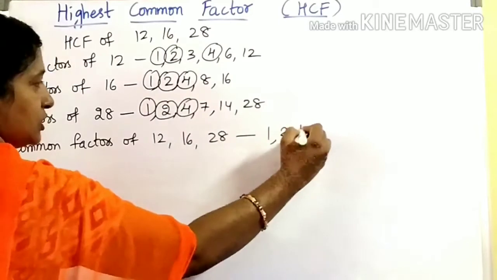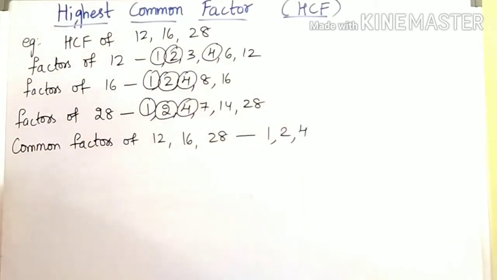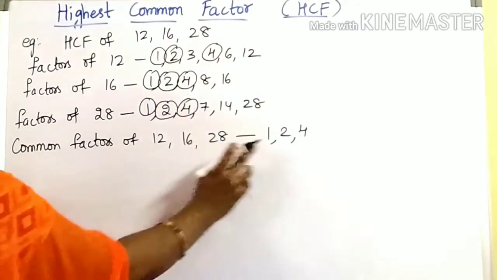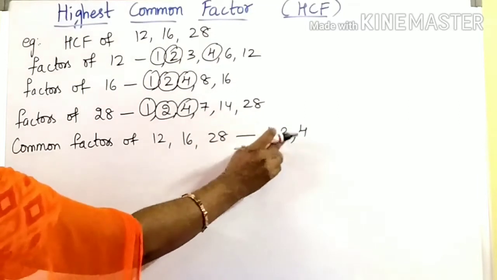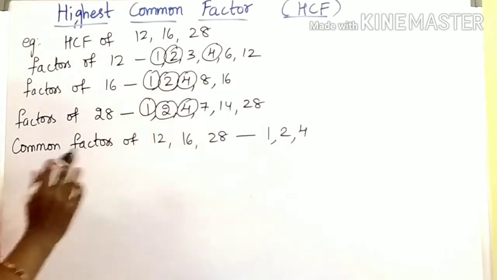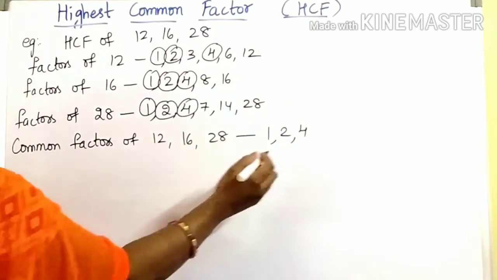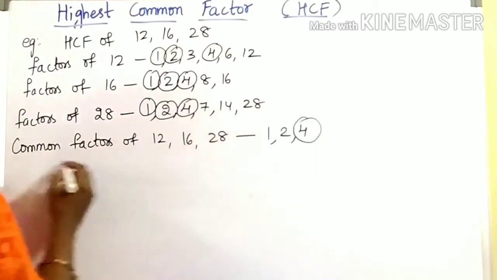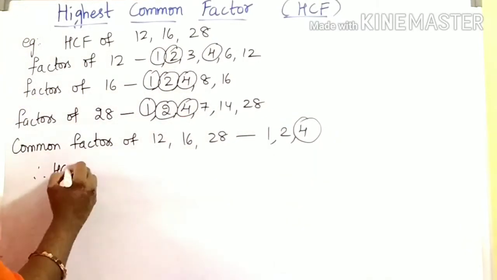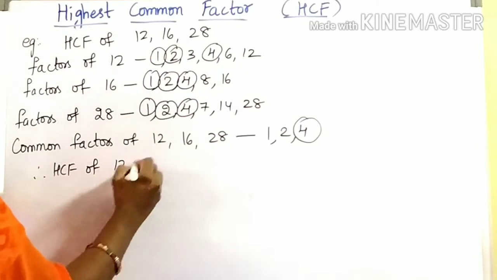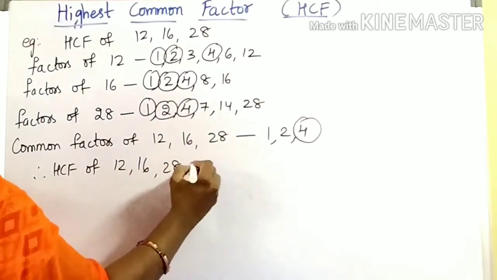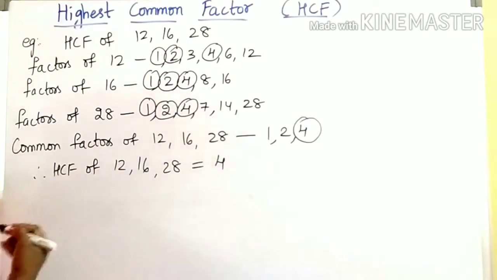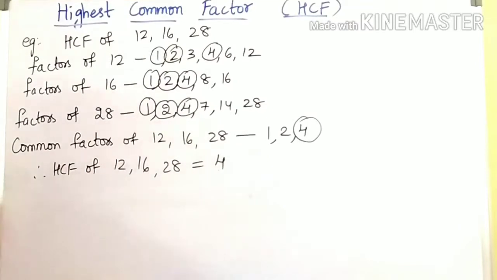Any other common number, children? No. So only 3 common factors we got here: 1, 2 and 4. Which is the greatest factor here? 4. So the HCF of 12, 16 and 28 is 4.